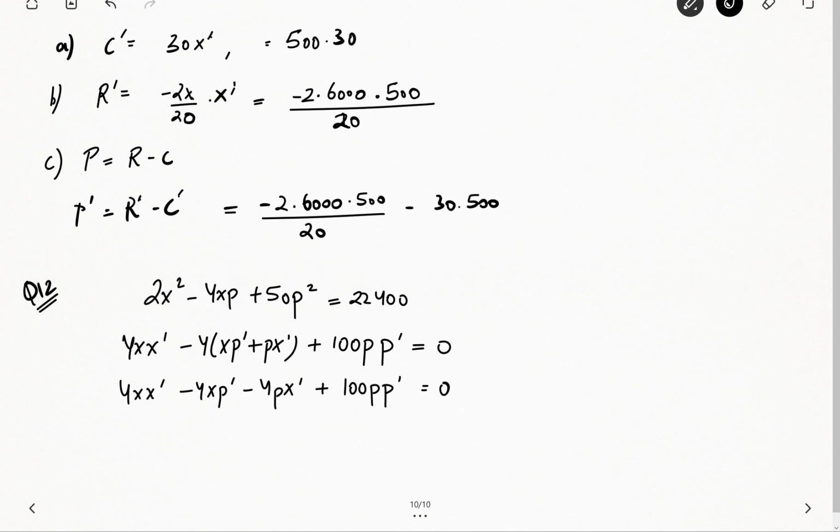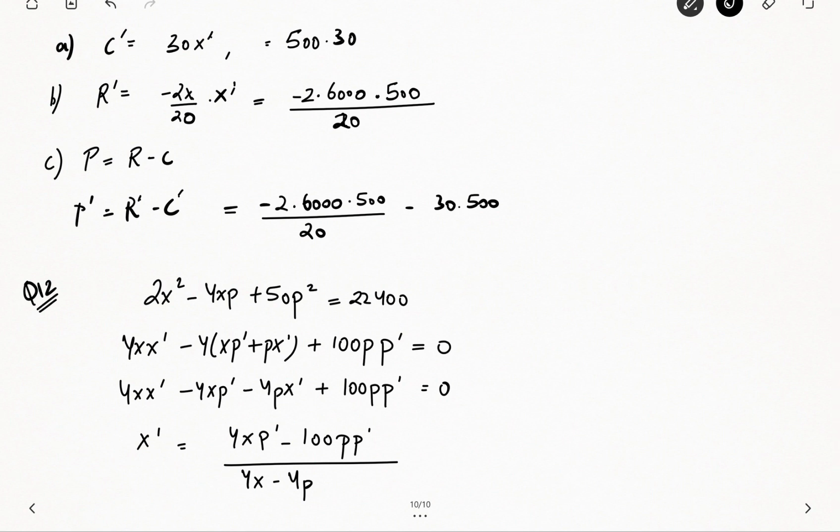So when you send everything to the right side and isolate for x prime, you get 4x p prime minus 100p p prime, everything over 4x minus 4p.